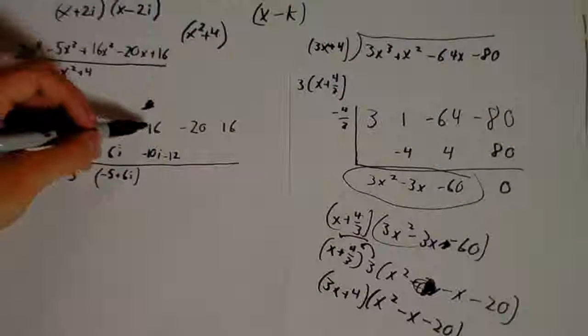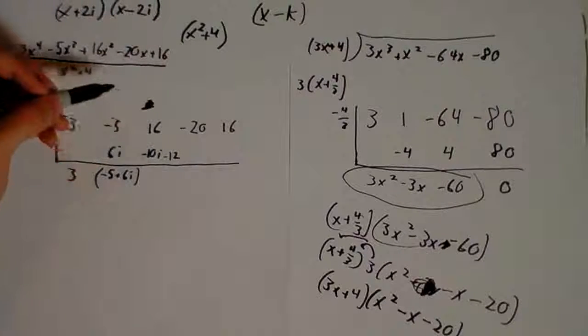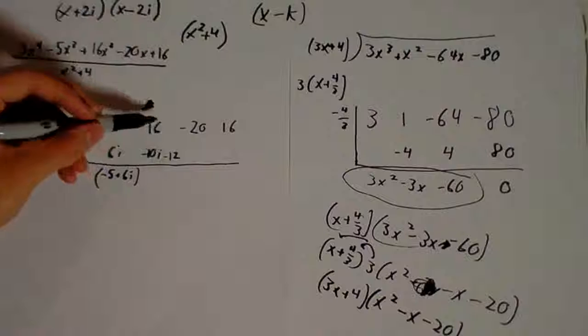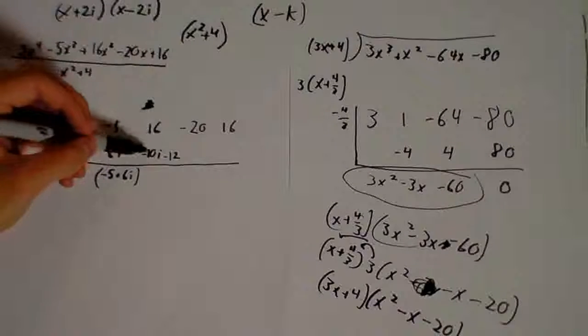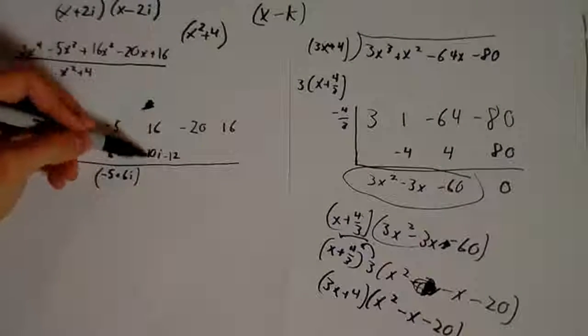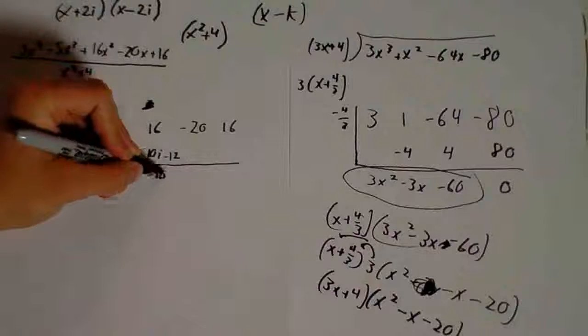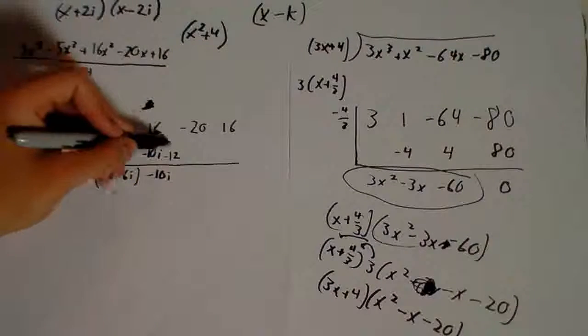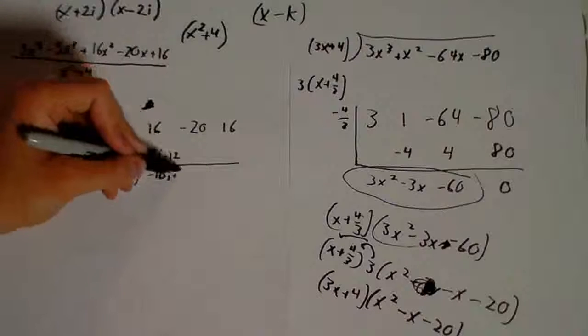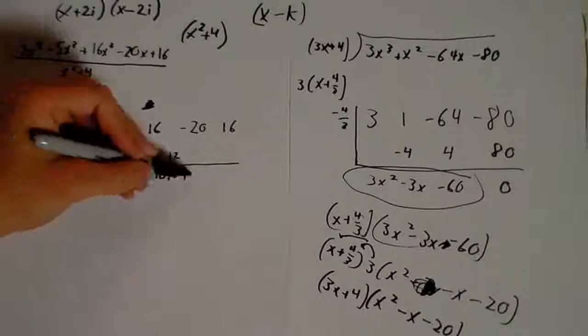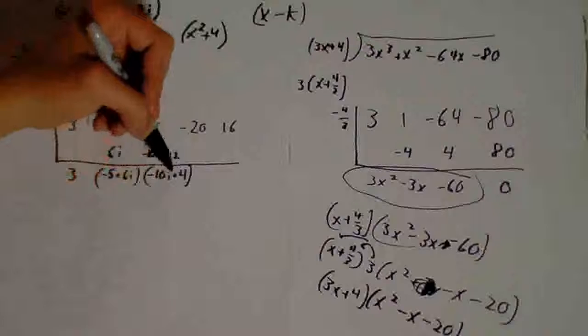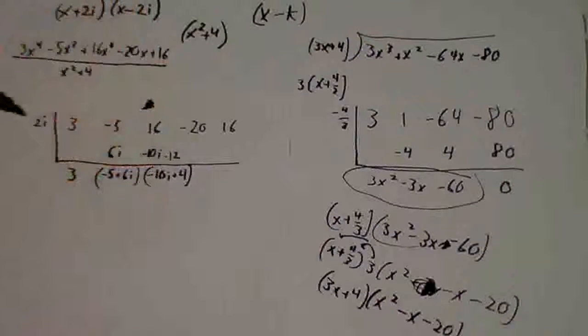So now we've got 16 plus negative 10i minus 12. 16 doesn't interact with this negative 10i, so that's just going to be negative 10i. And then 16 minus 12 is 4, so negative 10i plus 4. This really should be written as 4 minus 10i because of the format of complex numbers, but that's alright.